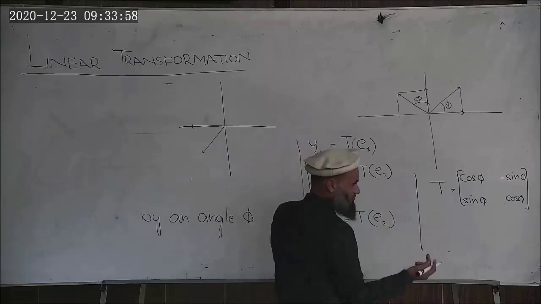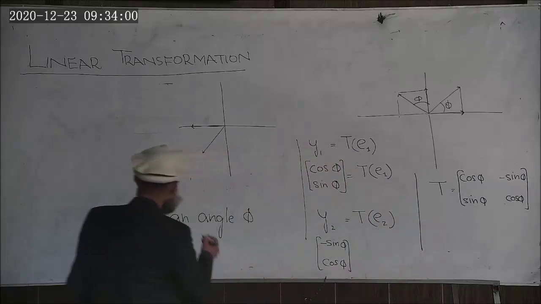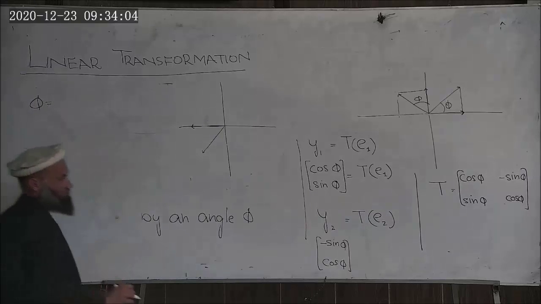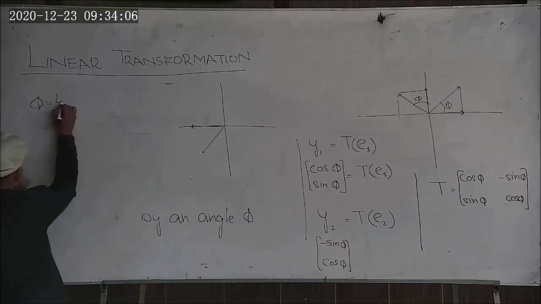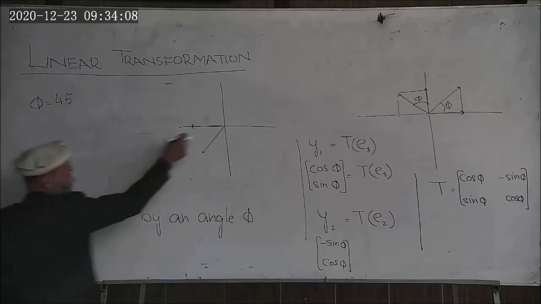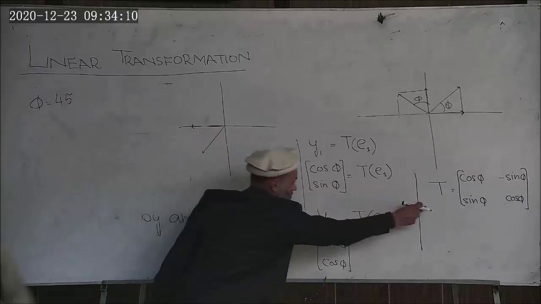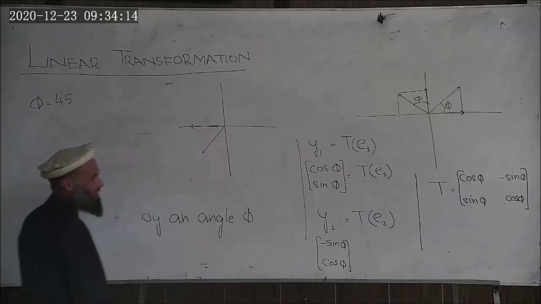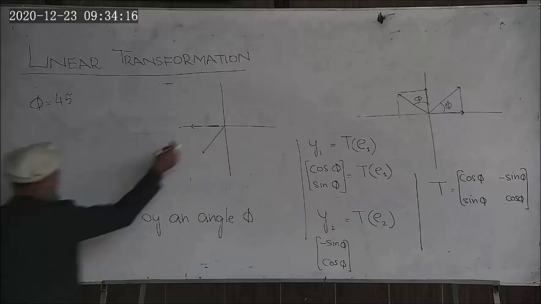Let's take some particular angle which is convenient, for example phi equal to 45 degrees. And let's see whether this transformation will rotate this vector by an angle of 45 degrees or not. So let's see that.